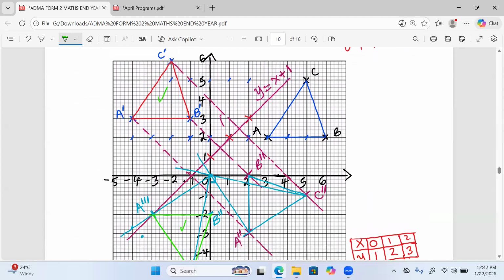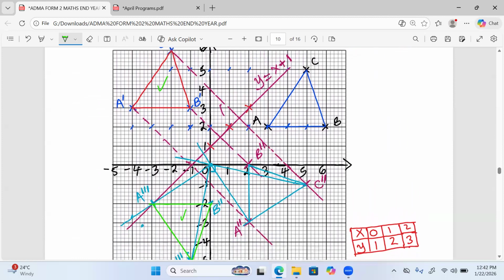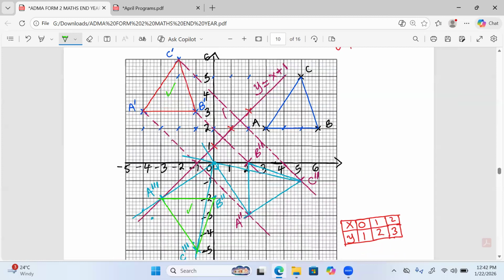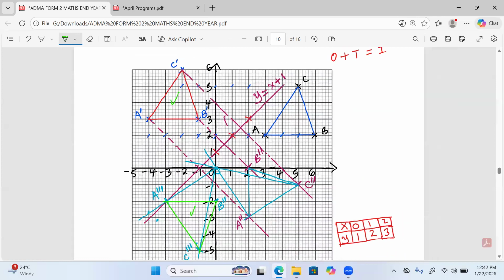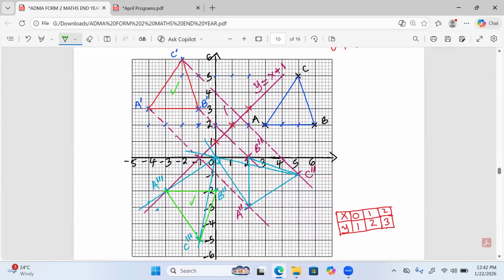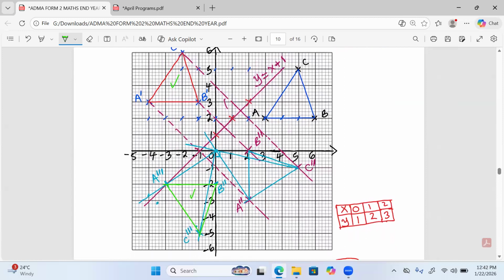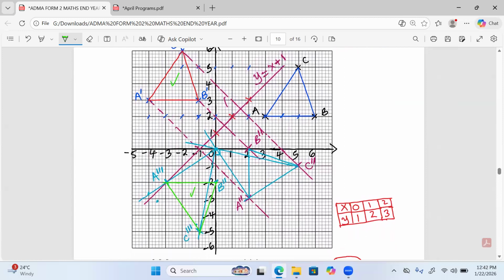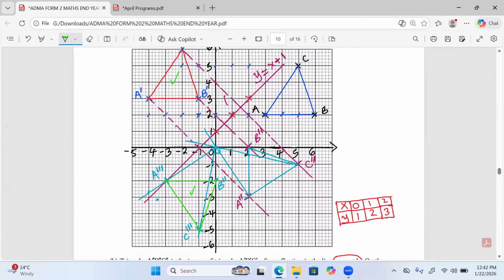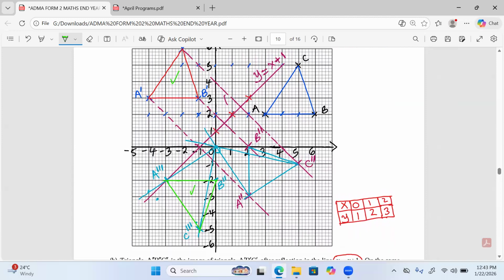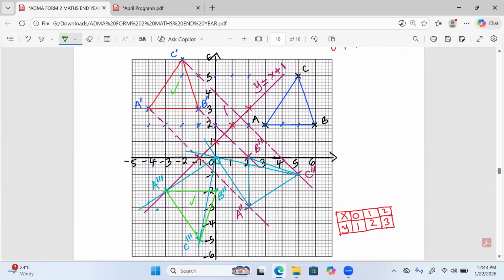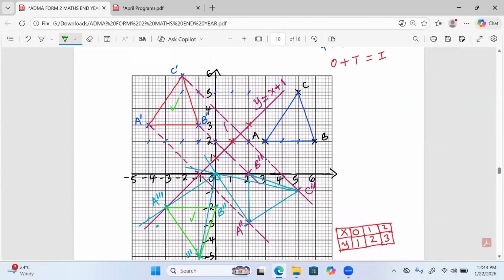Actually, I wanted to estimate the transformation that might have been involved. And when you look at it closely, it looks like a reflection.